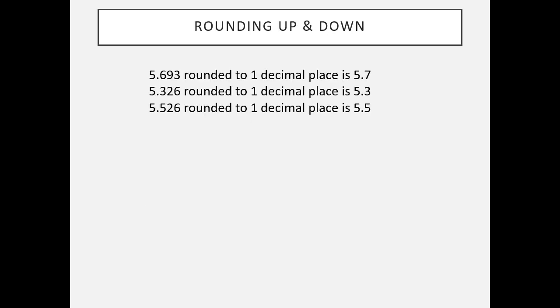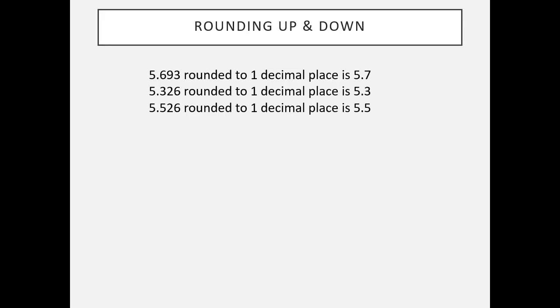Rounding. I think everybody knows that anytime it's, for example, 5.693, the 3 doesn't change anything, but the 9 will turn the 6 into a 7, so this becomes 5.7. Here, if I take a look at this number, the 6 changes the 2 to a 3, but that doesn't do anything, so it remains at 5.3.